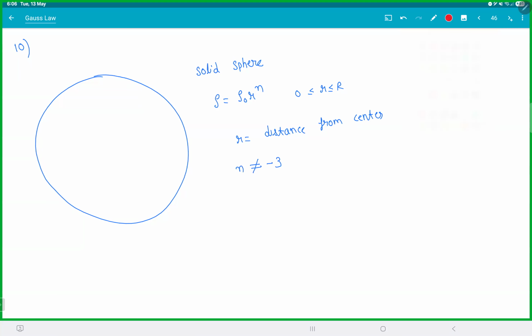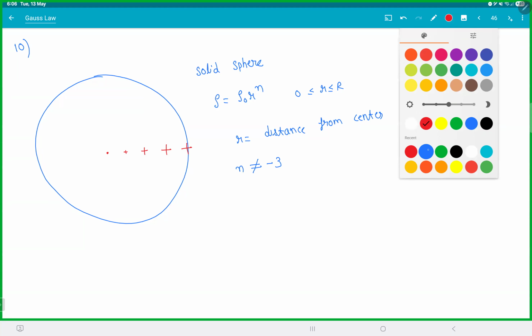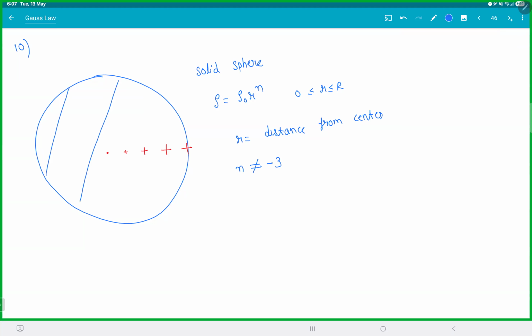Look at how the charge is. When r is 0, charge is 0. If you go a little outside, charge will be slightly more, then more, then more. You're getting, as you go outside, charge is increasing. So this is a solid sphere where charge is increasing continuously as you go outside. So this entire region here will have small charge.